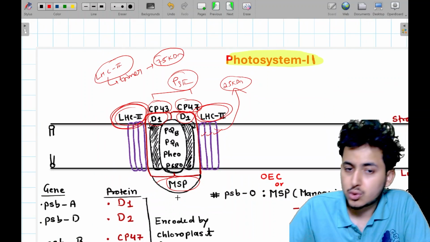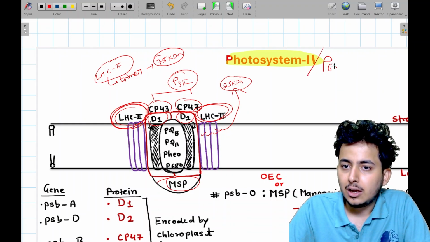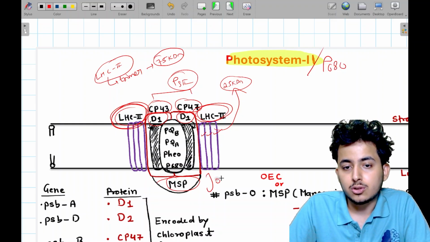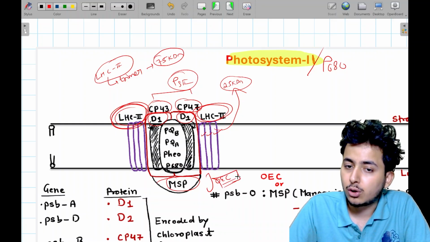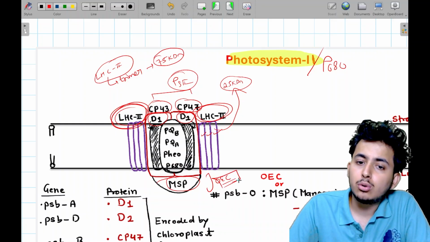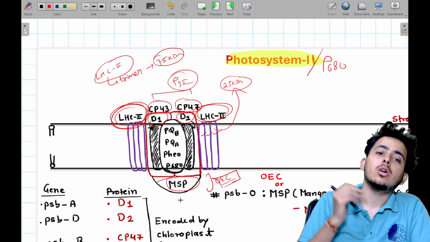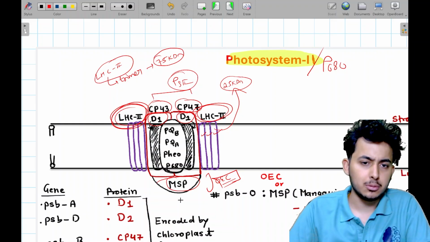That is also associated with PS2 only, that is P680. This is important for the oxygen evolving complex, and for that particular part this MSP plays a crucial role. What the role is, what residues are involved, and all those details we will cover in the upcoming slides.